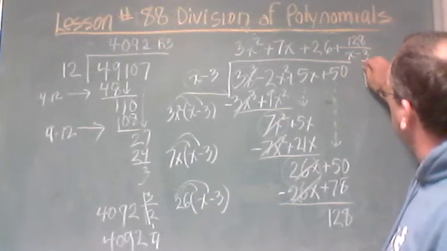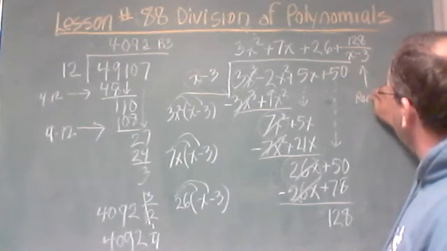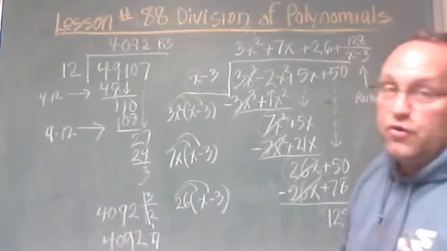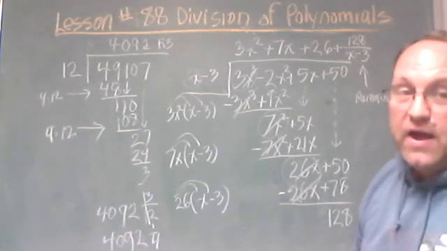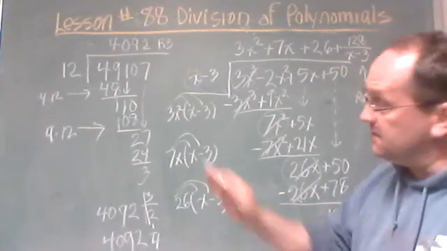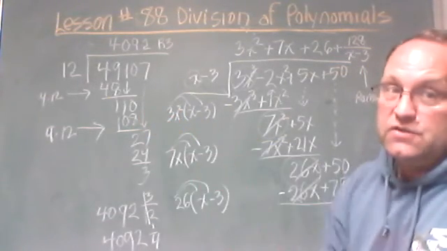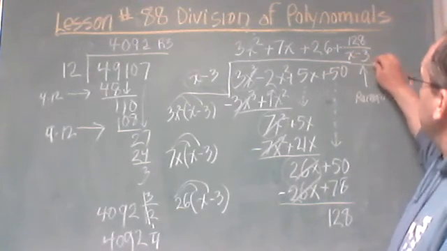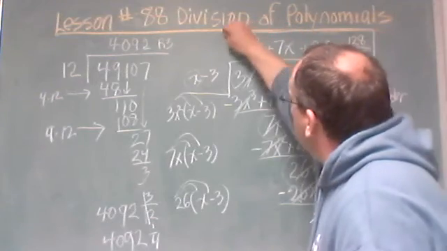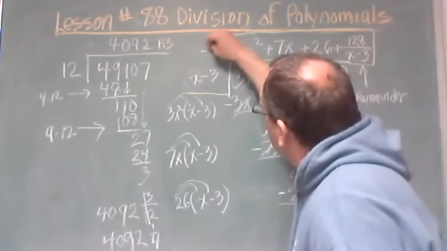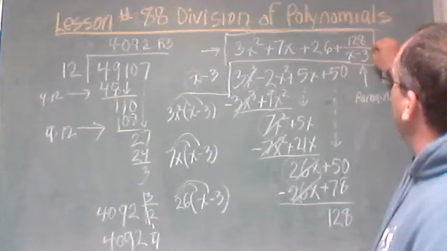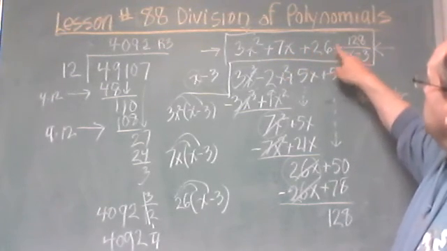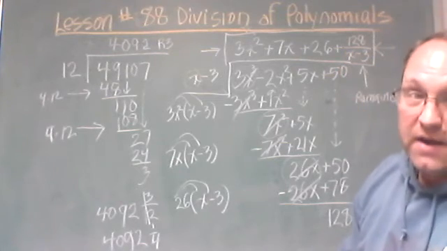This is how we express the remainder in a division by a polynomial problem. It looks rather weird, but it's the same convention that we use for long division. So for this problem, this is our answer: 3x squared plus 7x plus 26 plus 128 divided by x minus 3.